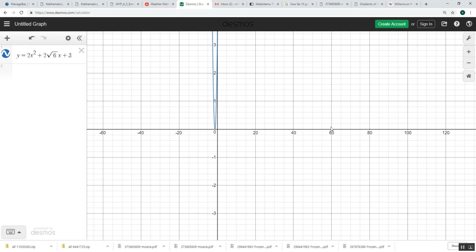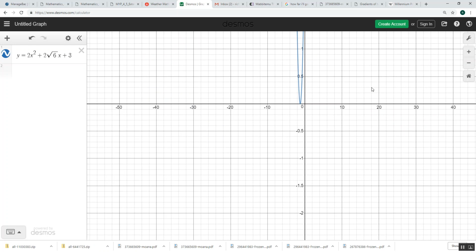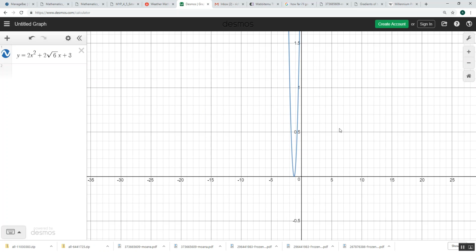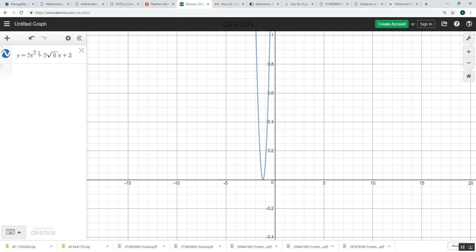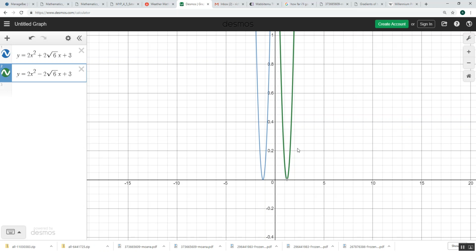Oh my gosh. So it's really thin, but it is still a parabola. Okay, if I draw the other one, I just copy and paste it. So it is touching exactly one place. If I draw the other, change this to a subtract. There we go. There's the other one. It's touching exactly once.